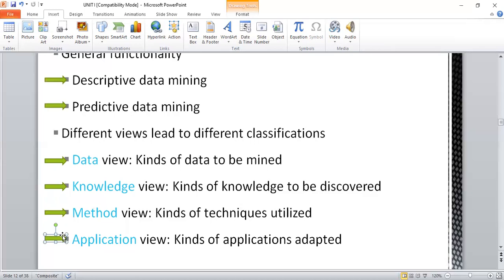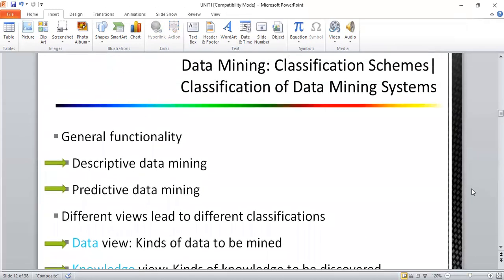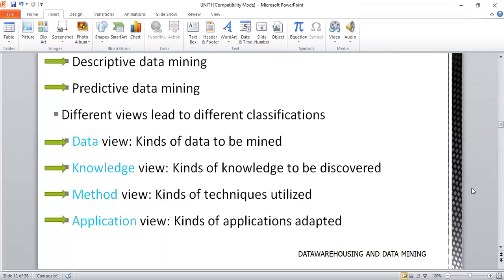So if we are classifying according to the application view, that means we are talking about different types of applications that can include finance, telecommunications, stock markets, emails, cryptocurrencies. These are different types of applications according to which data mining can be classified. So that is your classification of data mining systems.